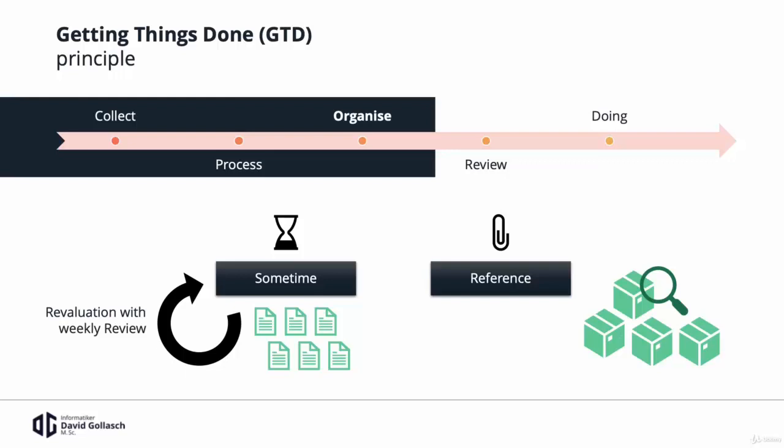So now, last but not least, these are the two places where you put something in that's not going to be processed shortly. So there you have at first the area where you put those sometime tasks, and the reference area.